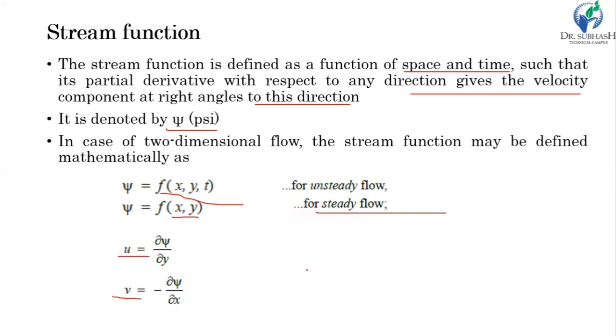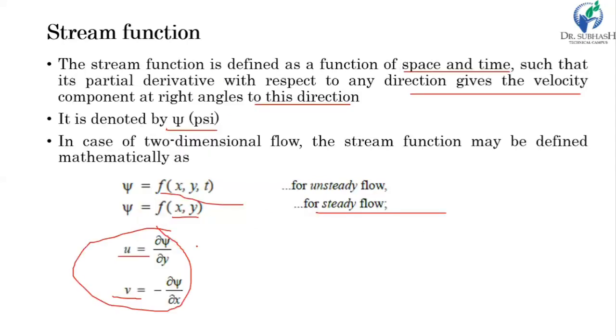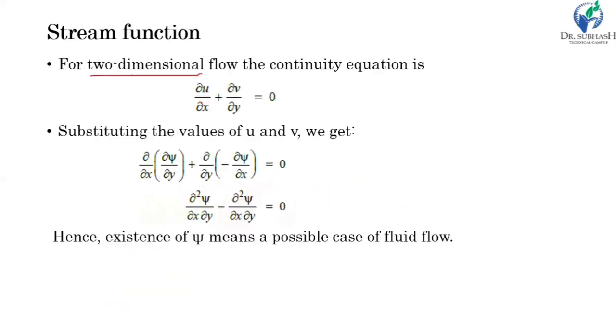So let's see whether this function will satisfy the Laplace equation or not. For the two-dimensional Cartesian coordinates, the continuity equation is del u by del x plus del v by del y. Now put the value of u and v from the previous equation in this equation. From this equation, the values of u and v, then we get del by del x of del psi by del y plus del by del y of minus del psi by del x equal to 0.